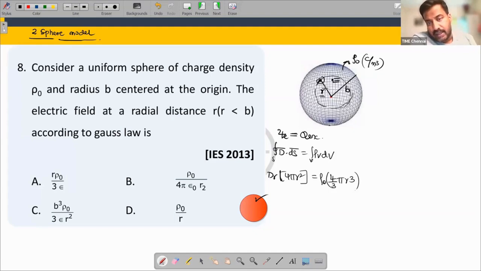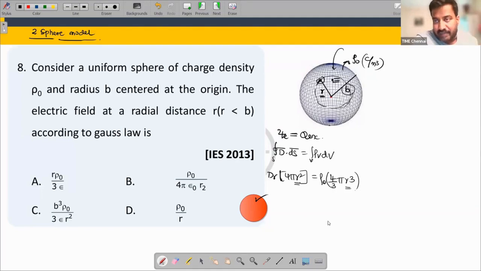Why? Because I want to calculate the charge enclosed by the Gaussian surface. Gaussian surface is of radius r. Now this rho naught is in this complete sphere. The amount of rho naught in this inner sphere is rho naught into the volume of this sphere. Therefore, in both the cases, I consider only r, not b. That's why this is again special.